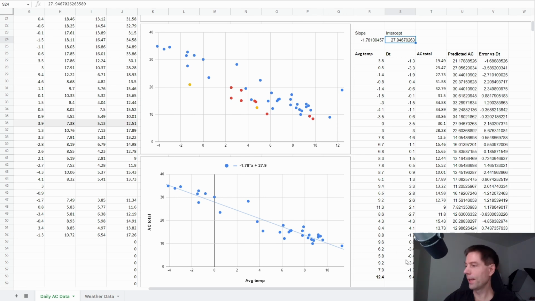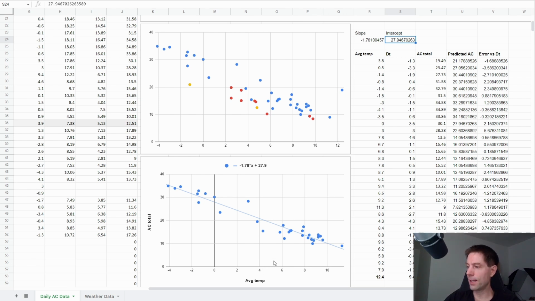Right, so with that in mind, what we can now do is say, okay, let's assume all of these points should lie along this line perfectly. If the world was perfect and we had a day of a particular temperature, what would we expect the heating load to be on that day?